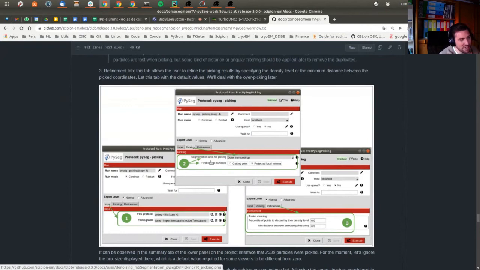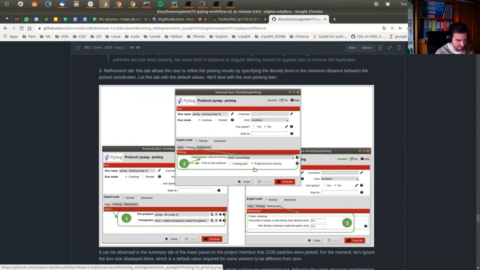You have to select the area in which you want to pick. In our case, it's the outer surroundings, and this is the critical option that was explained in detail by Antonio before, which was, if you remember, the cutting point of the filament with the membrane, or the projected local minima, which were those little projections.